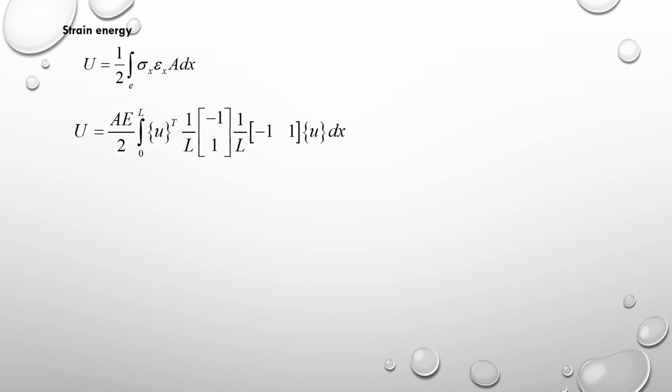Strain energy. We know the concept of strain energy: U is equal to half of stress into strain into volume. This is equation 1, which shows the strain energy. In terms of stress and strain, we know that stress is equal to E into B into U, an equation we learned in the previous classes.